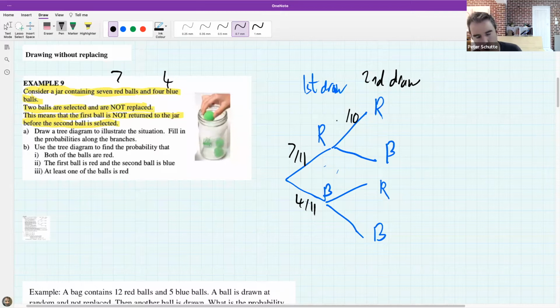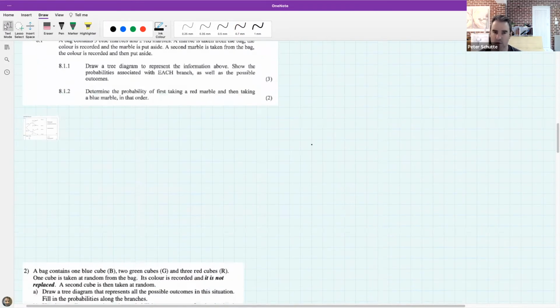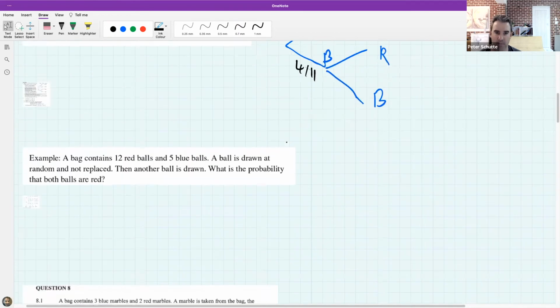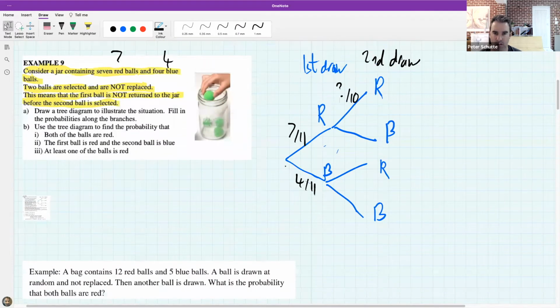However, if you chose a red on your first draw, how many reds are left for your second draw? How many reds are left in the bag? It's going to be 6. Sorry, let me bring my screen back. So you're quite right.